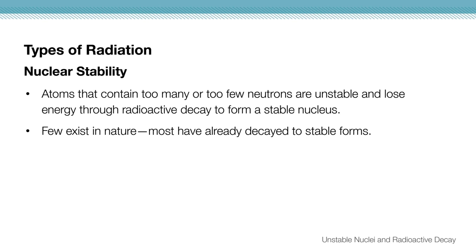And typically, it's going to be because we're changing the amount of neutrons. So atoms that have too many or too few neutrons tend to be unstable. And then they want to go through some sort of process to bring them back to a stable form. That could even be changing into a completely different type of atom. That is where we get radioactive decay.